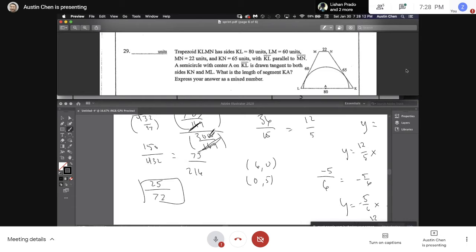Number 29. Okay, yeah. So like we said, we do suck at geometry. We tried to do this for quite a bit of time, and we also cannot find a solution to this.